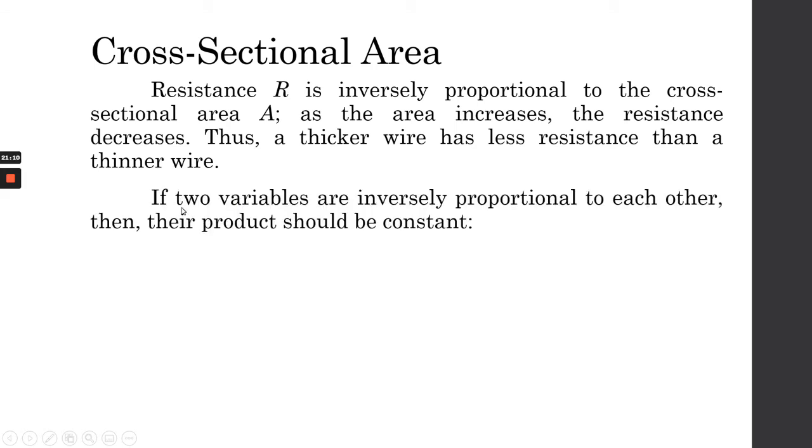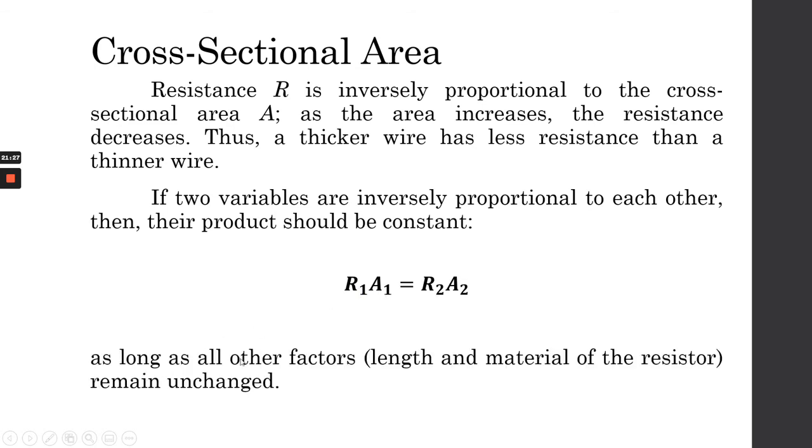And a mathematical rule, if two variables are inversely proportional to each other, then their product should be constant. So ito yung next equation that I want you guys to remember, the relationship between the resistance and the cross-sectional area on their own. As long as the other factors, meaning yung length and yung material na ginamit ninyo sa resistor are unchanged, you can use this equation to compare the resistance or the area.